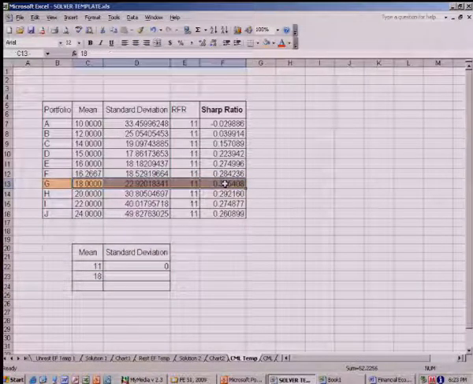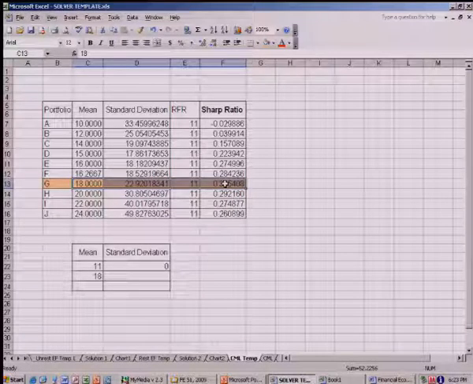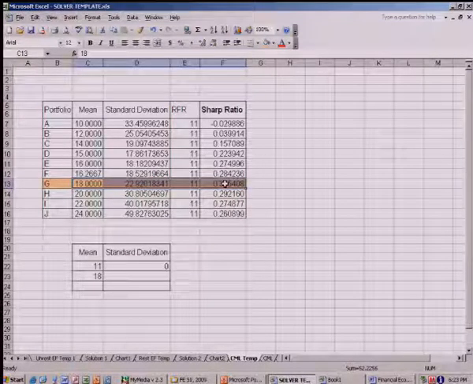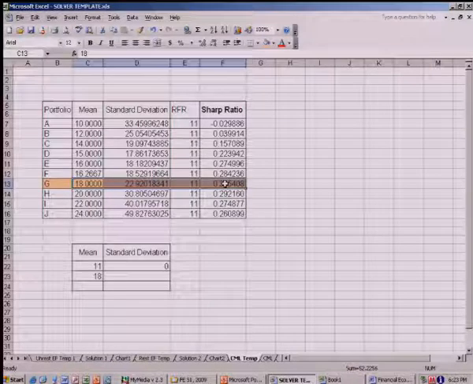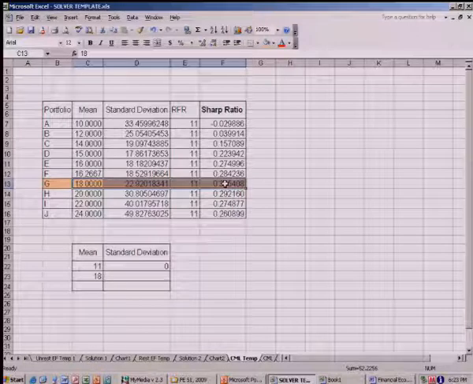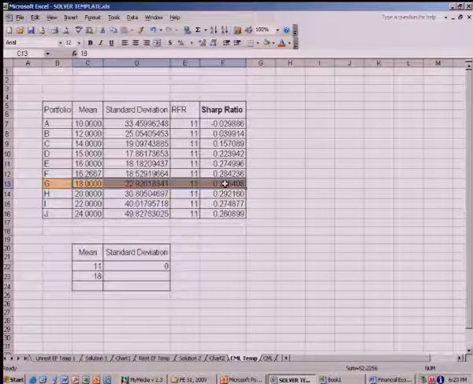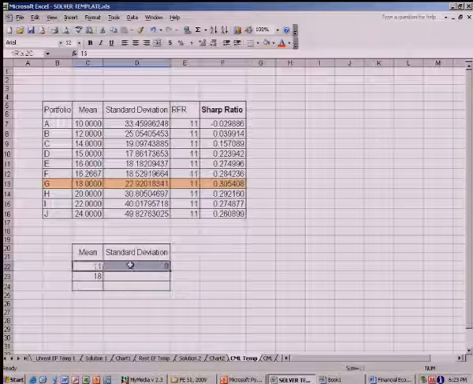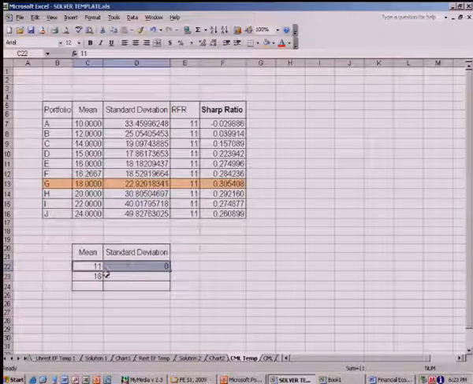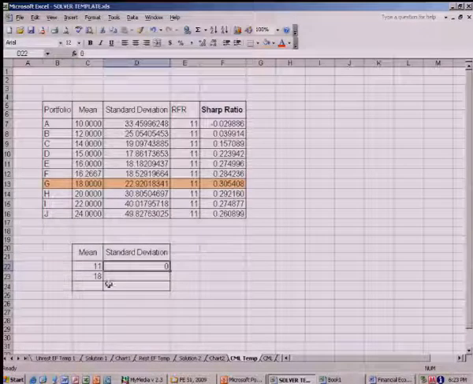And then all you now have to find is the third point where you can get a line, a capital asset allocation line, which goes all the way from the risk-free point on your y-axis through the point of tangency and basically further to the right. So I already have that point for the risk-free assets. So it's 11% is the rate of return, standard deviation is equal to 0.